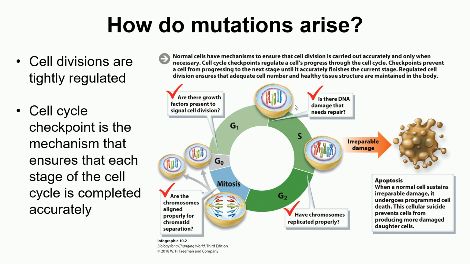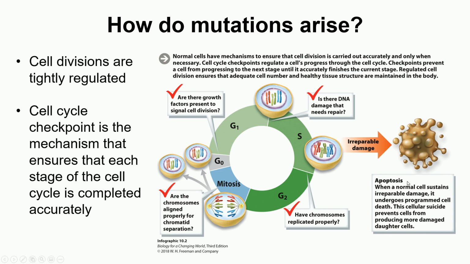If damage to the DNA is detected, then the cell will be given time to make the repair. And if the damage is beyond what the cell can repair, that cell has to die, and that is called apoptosis.